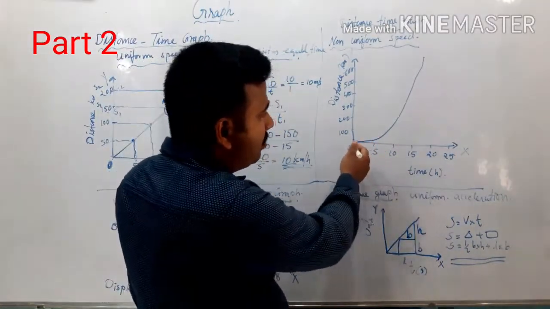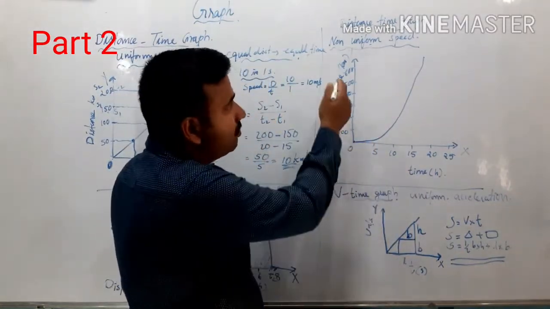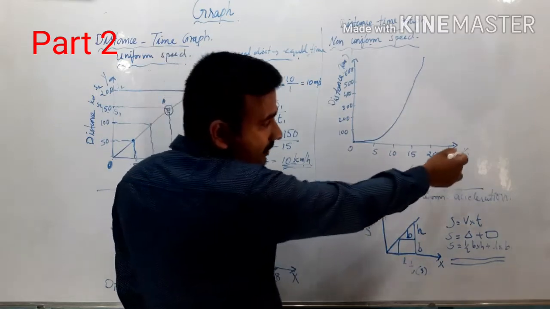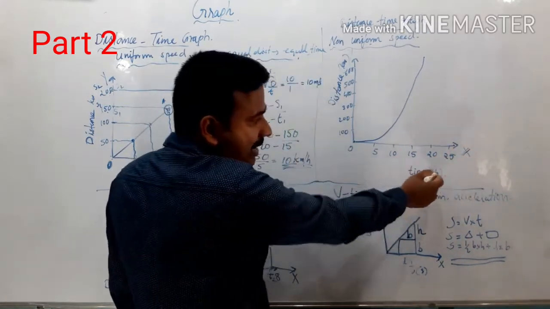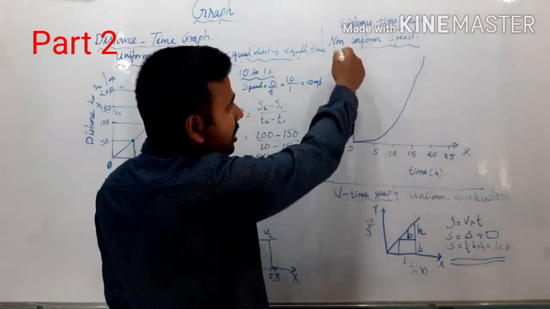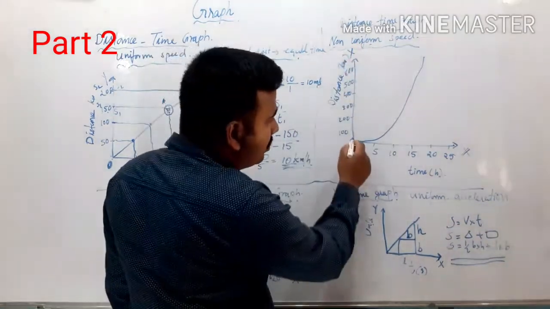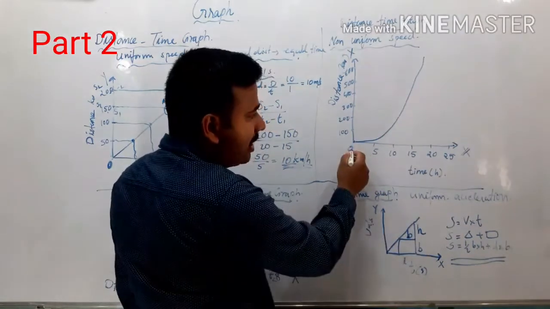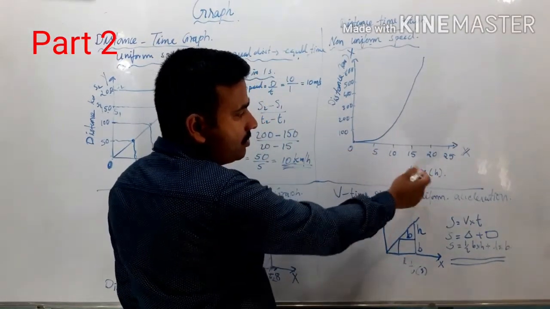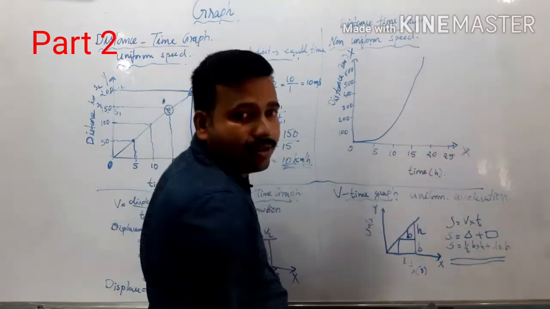Say, for example, we can look at this particular graph for understanding. Along the x-axis I have taken time in hours, and along the y-axis distance in kilometers. On the x-axis you can see I have drawn 5 hours, 10, 15, 20, 25.